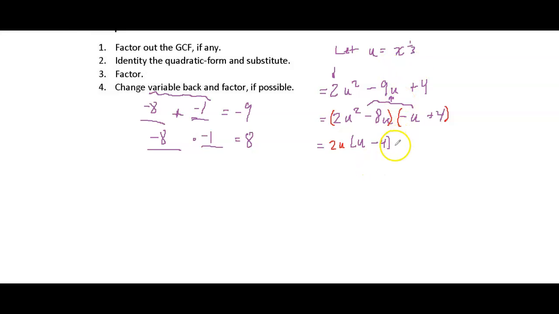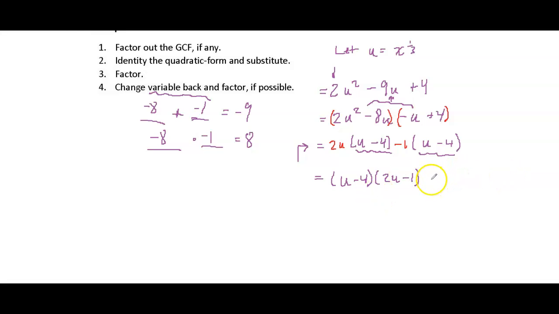And factor out a -1 from the second two terms, and that would leave us with a u minus 4 as well. Remember, we want these two expressions to match so that we can take the GCF of this last line here, which would be u minus 4, and that'll leave us with 2u minus 1.